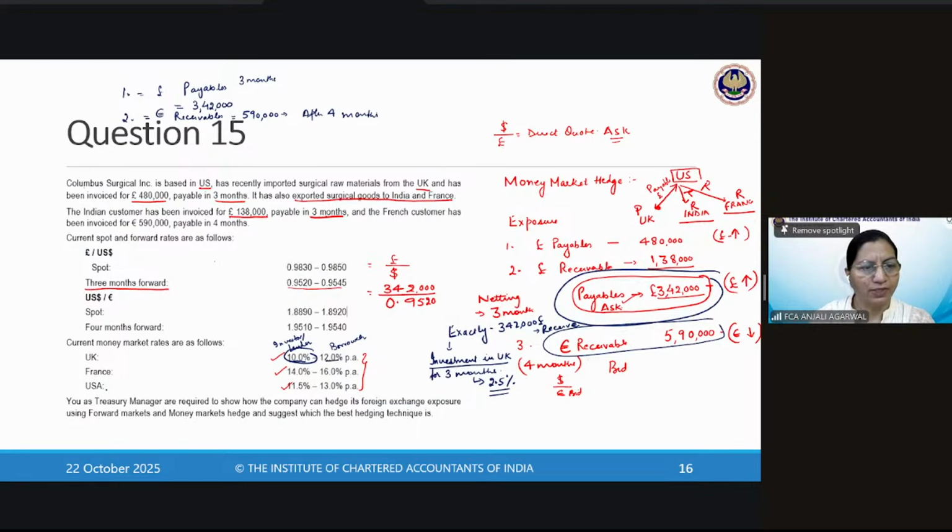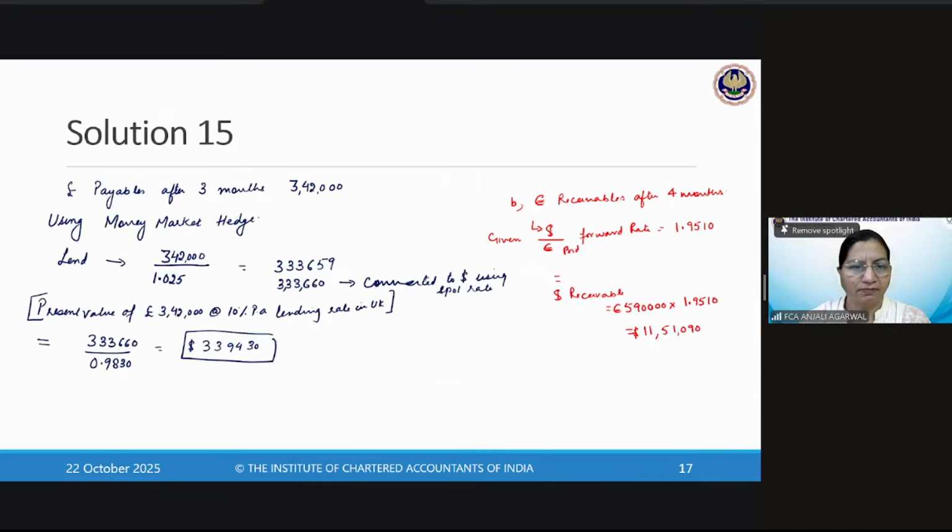Borrow from where? USA. Rate applicable 13%. So you will borrow it at 13% per annum for 3 months. So how does the money market hedge work?